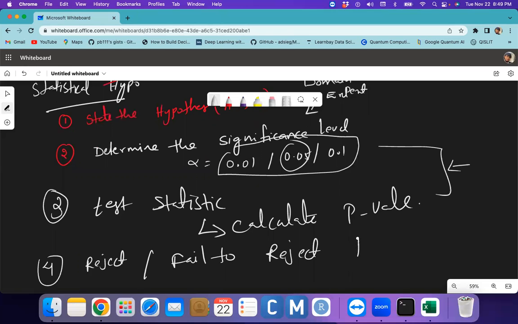So how are we doing this? Based upon the p-value.